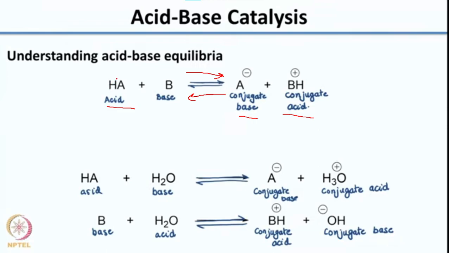Proton abstraction is taking place, that's why here it's acting as an acid, it's a proton donor. And this is the base because it's a proton acceptor. So that's why here it will become BH. So here it is acting as a base. So I hope all the examples are clear to you, right?